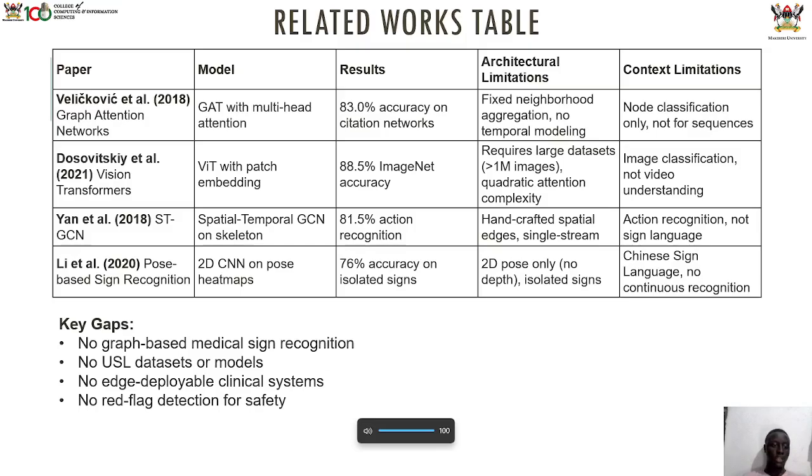It is good for image classification but needs massive datasets. But then there are spatial-temporal GCNs, which work on skeleton data but are not optimized for sign language. Then also video-based sign recognition, which recognizes isolated signs but lacks continuous translation.